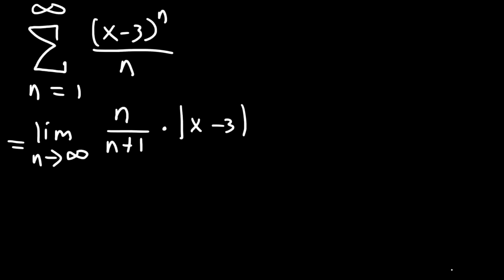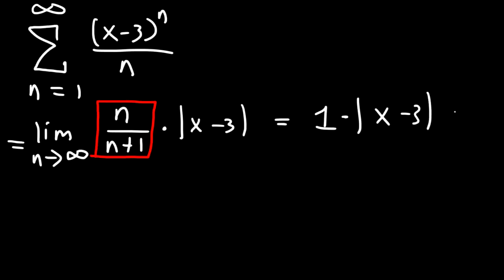So as n goes to infinity, what happens to n over n plus 1? The 1 is insignificant, so it becomes n over n, which becomes 1. So this is 1 times the absolute value of x minus 3. And so that's less than 1.